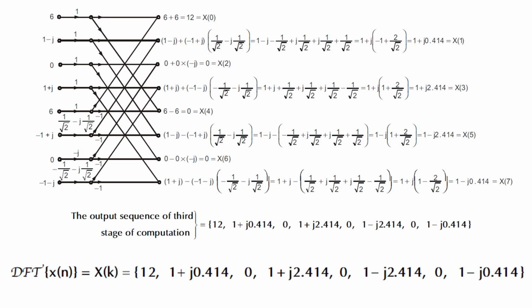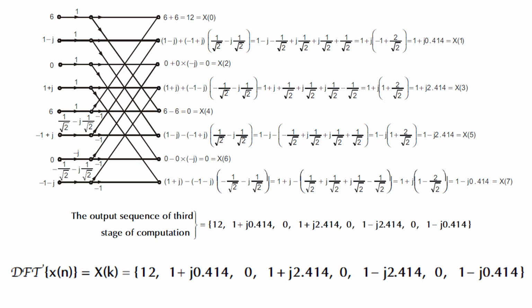So 1 is W80, and 1 by root 2 minus j 1 by root 2 is W81, and W82 is equal to minus j, and W83 is equal to minus 1 by root 2 minus j 1 by root 2. So the first input is this 6, that will be reaching here. So we'll be getting 6 plus this 6, so that is 12.